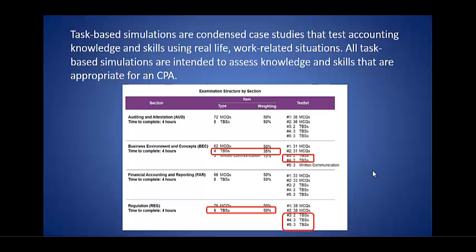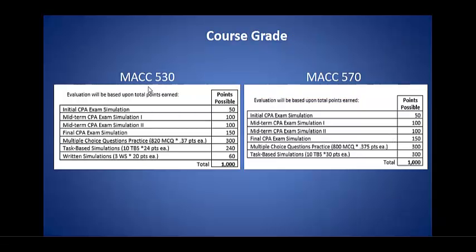Now let's just step back for a few minutes and talk about how completing task-based simulations impacts your course grade. Here we have MACC 530 and MACC 570, and let's take a look at MACC 530 first. You can see here there are going to be task-based simulations totaling 240 points.